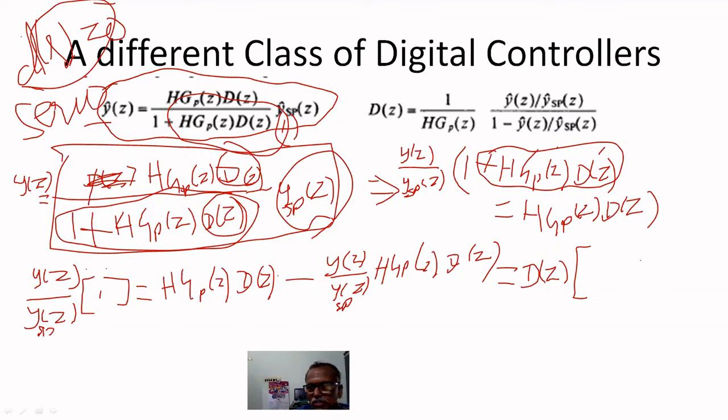This is only HGP(z) minus, what is here?